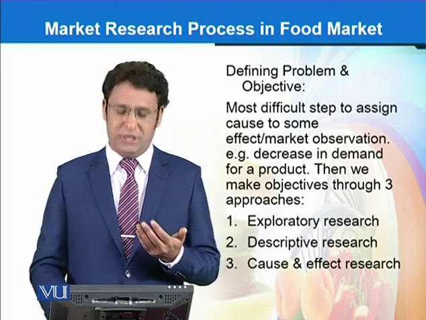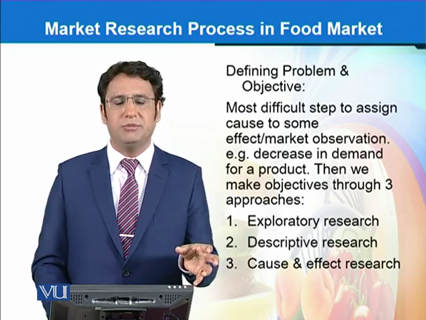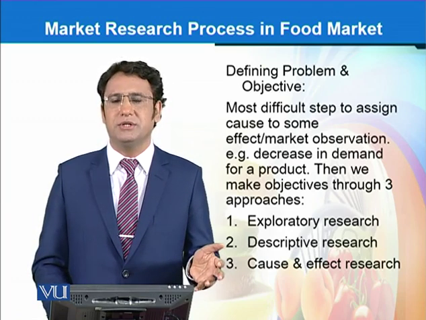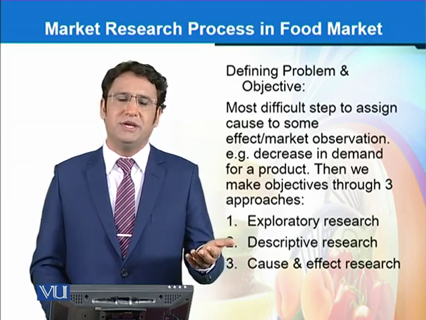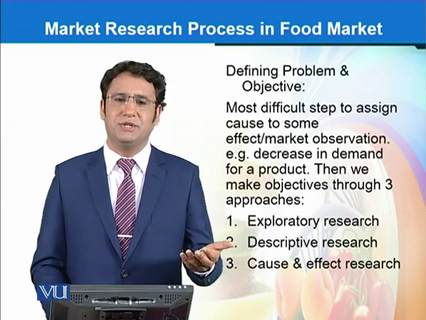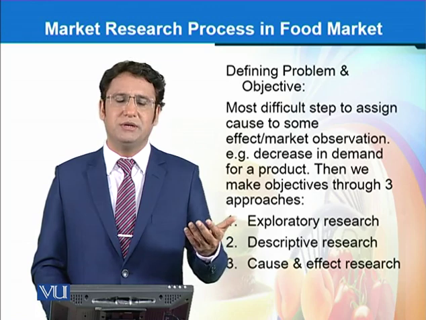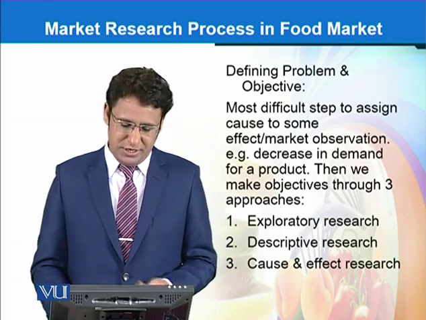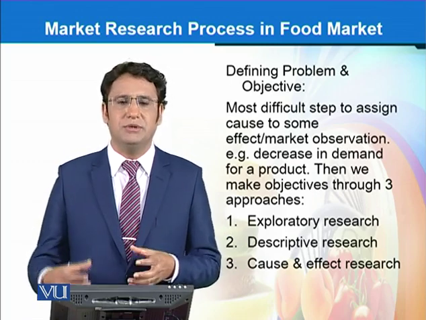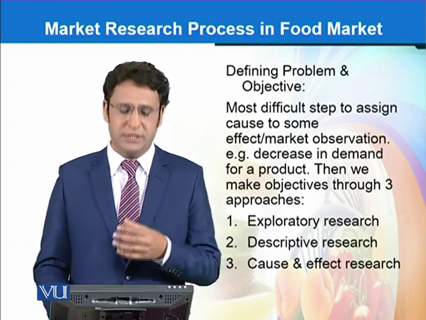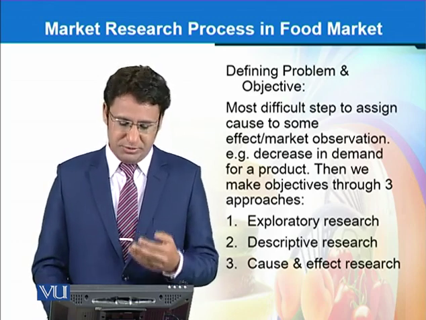So maybe you need to look at only this segment, to see why this segment has stopped buying your products. They might have different requirements, or different perceptions about themselves, or they might be looking for different things which are being given by other competitors. In descriptive research, maybe you are going to get numbers about that segment, more particular details. So it's more about detailed numbers that we talk about in descriptive research.